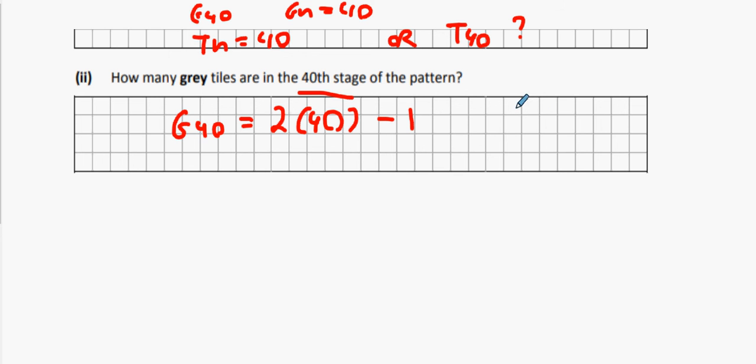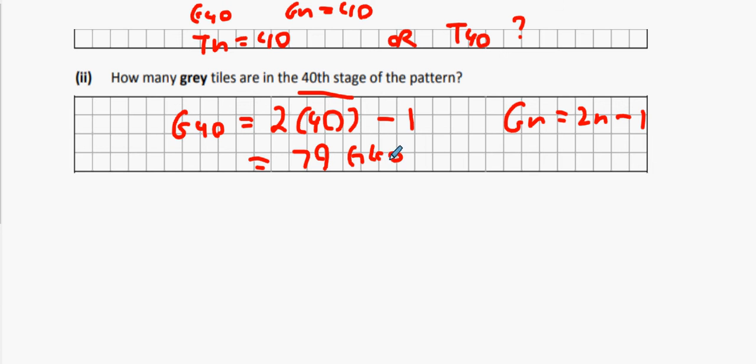The reason being is Gn equals 2n take away 1. Into the calculator with that, you should get 79 tiles.